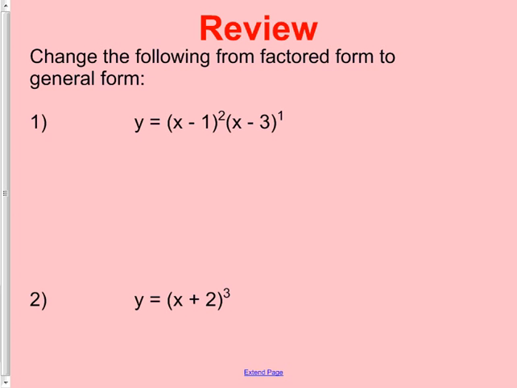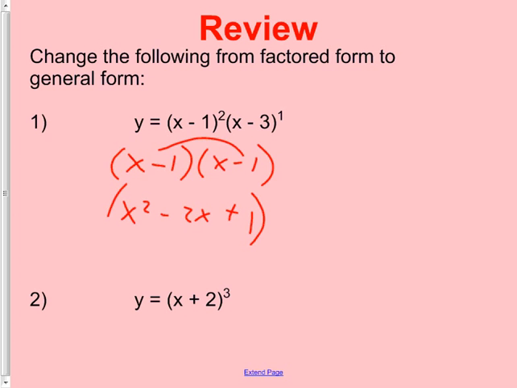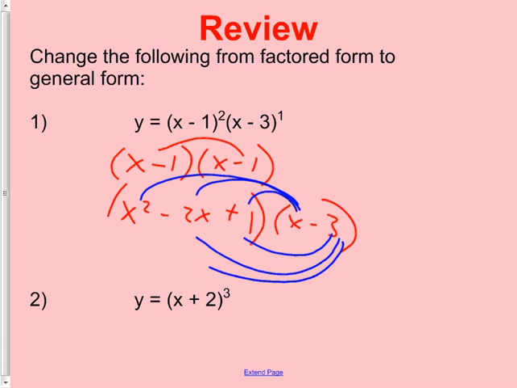All right, so here's what you should have done. The x minus 1 squared means this, and it would have an x squared minus 2x plus 1, because that times that makes positive 1. Then that gets multiplied by x minus 3. Then the giant clam comes into play. That, and that, and that.